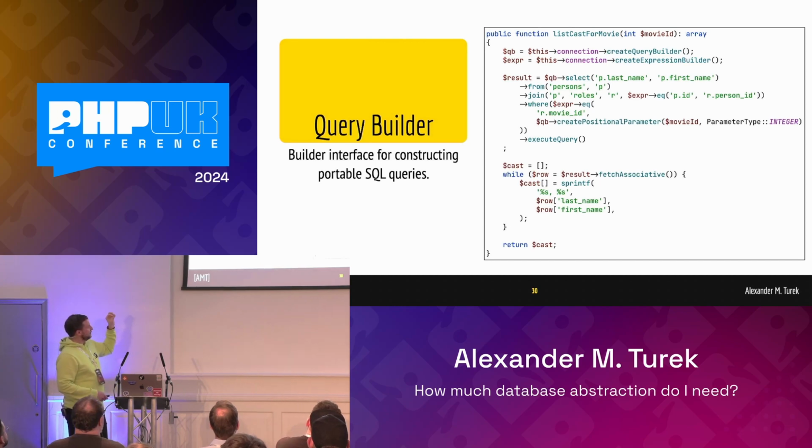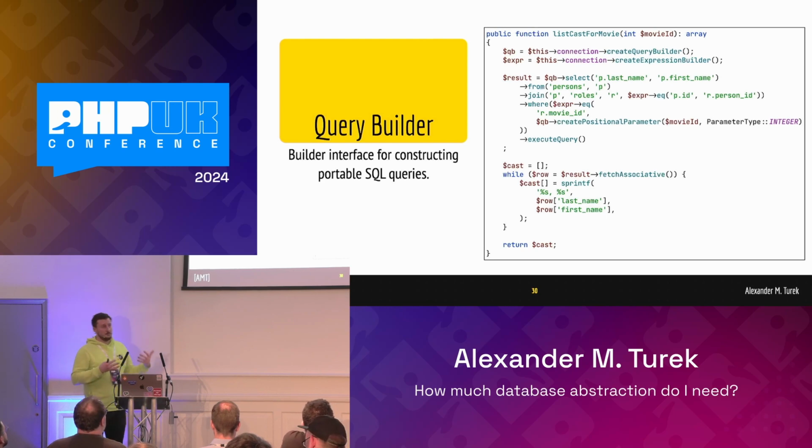So, the next problem that you have when you're dealing with multiple databases is emitting the right select statement for your database. Maybe even the select statements differ between databases, and also constructing maybe a dynamic select query.